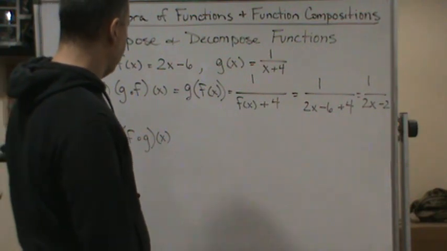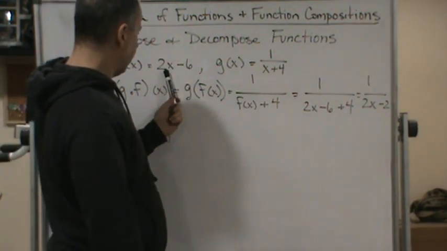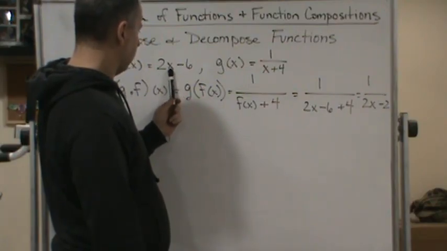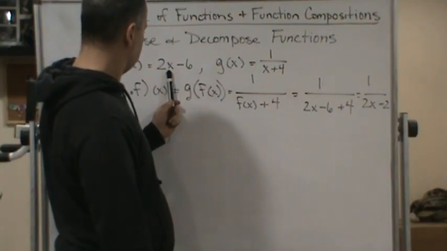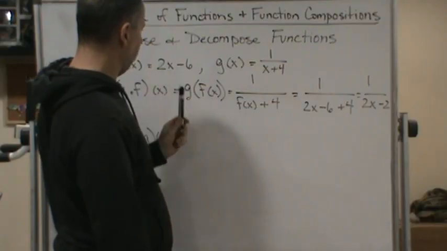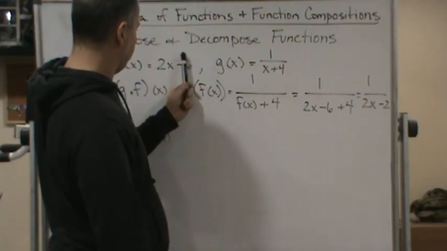And here's the thing. If I look at here, right, if x is 4, look what I get. If x is 4 here, I get what? Negative 2. No, I'm sorry. If x is 4 here, I get 2. Right?